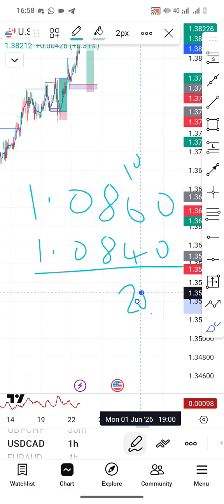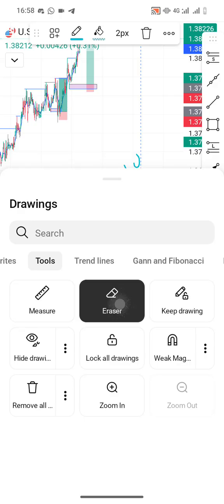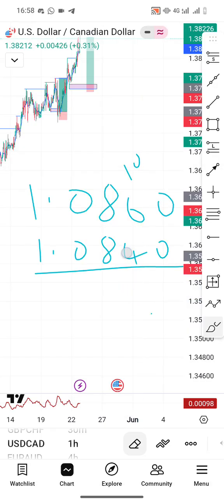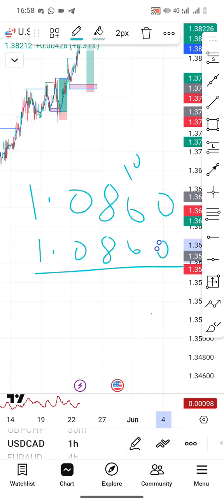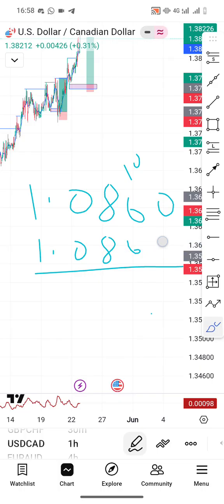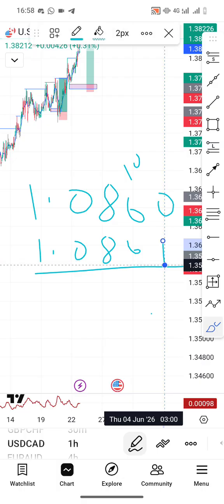So let's say this zero now moves to 1. How many pips have we dropped?